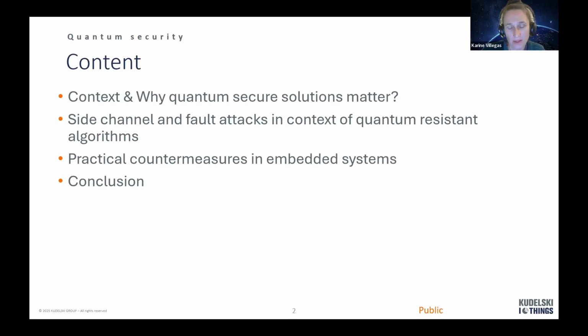In this context, we will have a closer look at side channel and fault attacks in the context of embedded devices and in the context of the migration to quantum resistant algorithms. Then we will look at what could be practical countermeasures, and conclude.